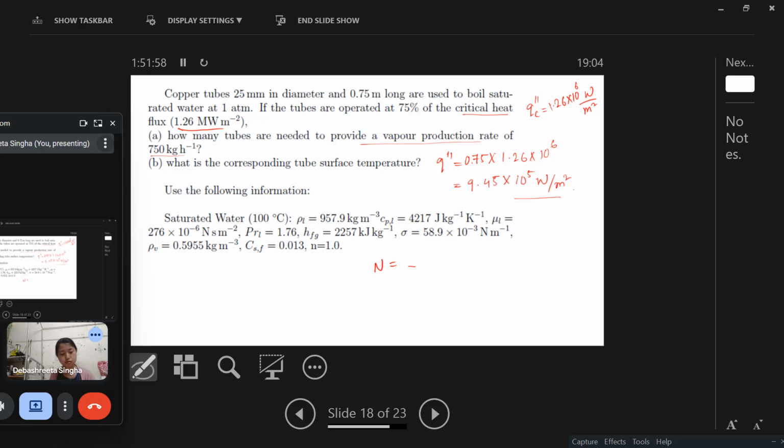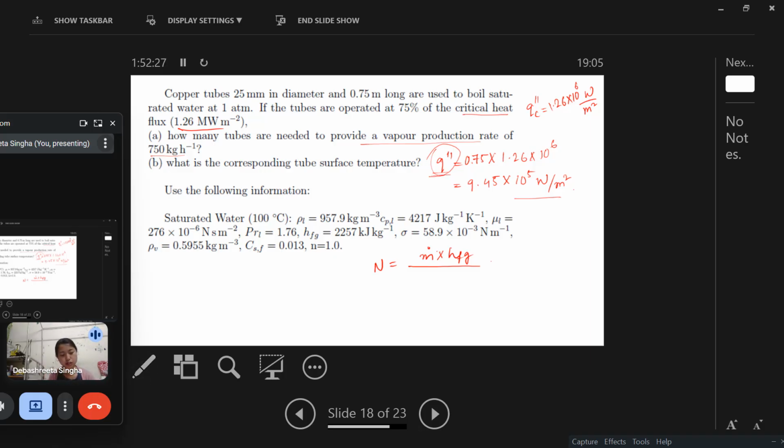we know that this production rate times h_fg gives the heat rate, I mean the total heat rate. So this is divided by the operating flux.